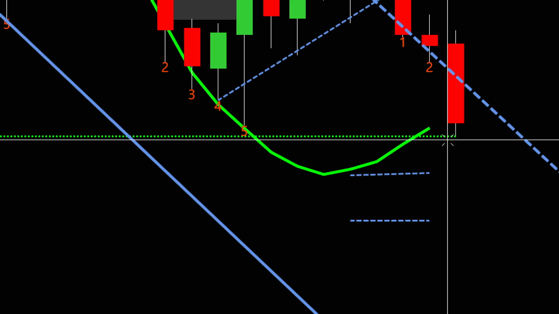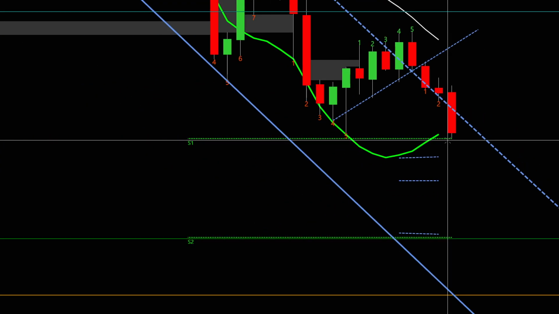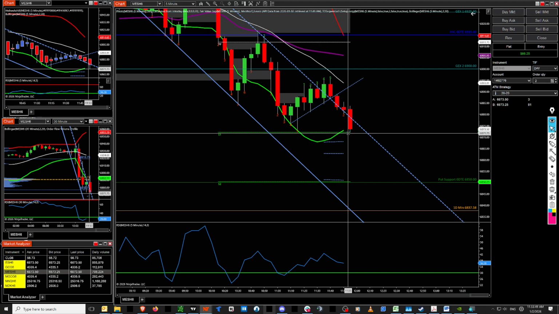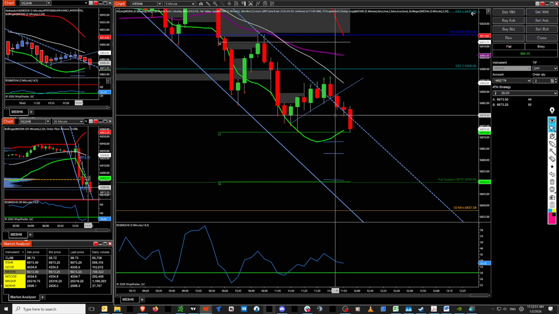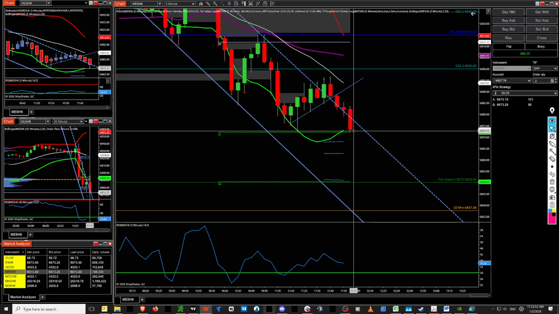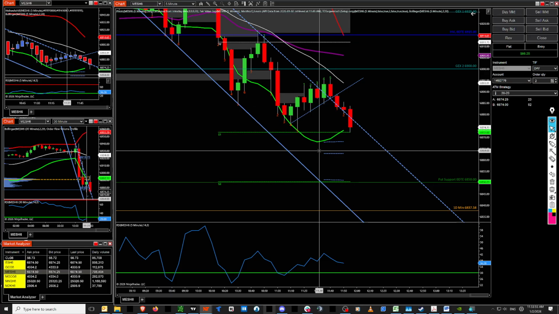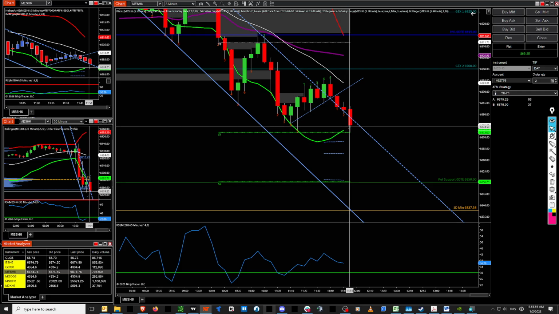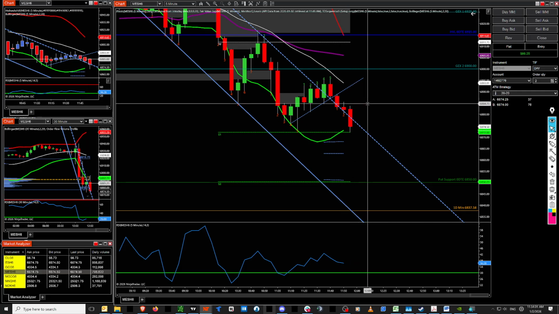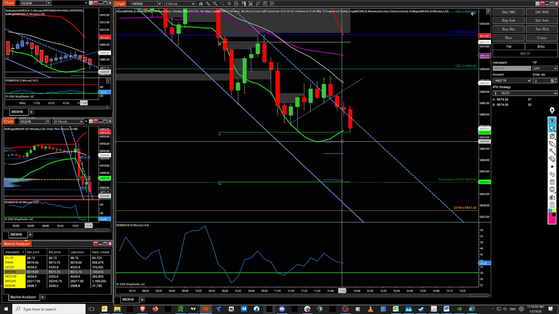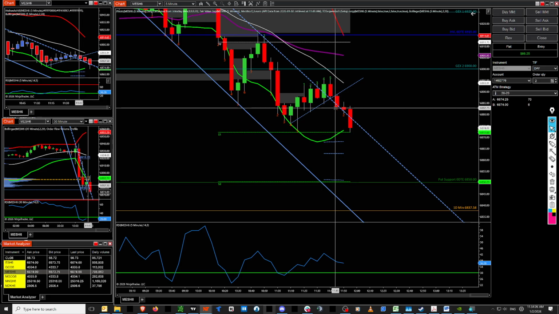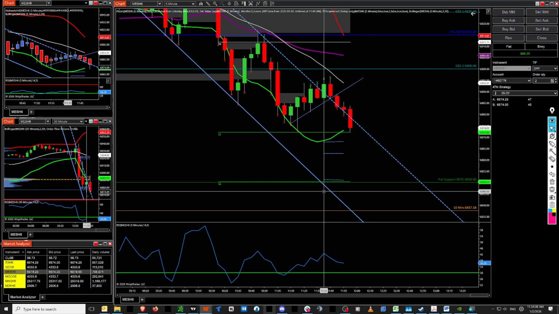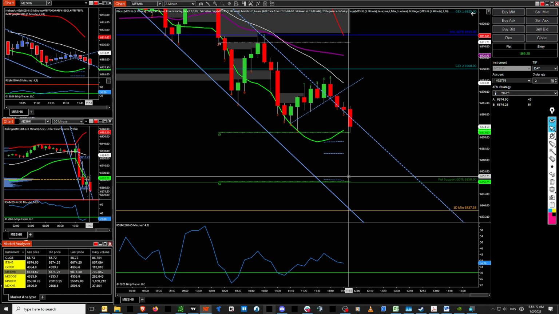So I've got multiple strategies going here. You've got to pick the one that makes the most sense to you and how long you want to be in the trade. From a Bollinger Band standpoint, I'm out. From a measured move, I'm holding out for this one right here. But it's entirely possible that it will go back up before it rolls back down and comes down to here. From a channel standpoint, I got a long way to go.